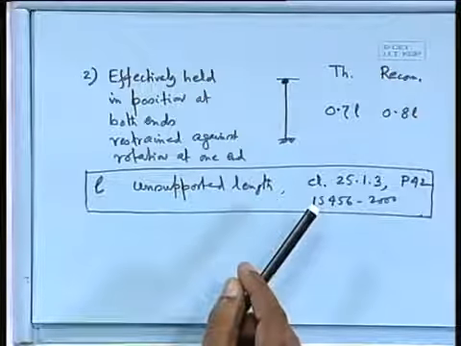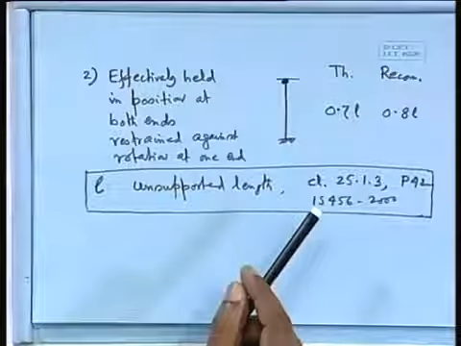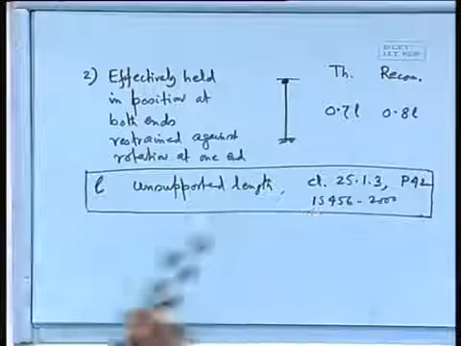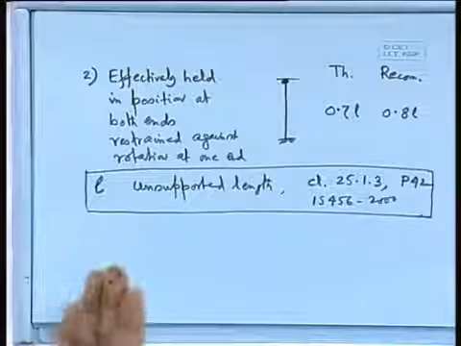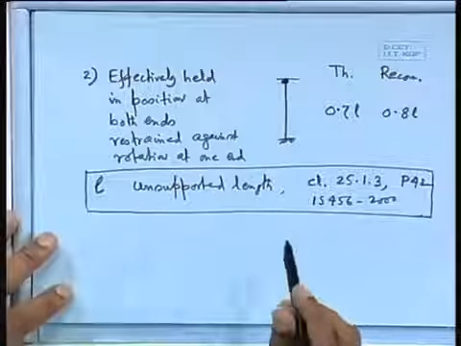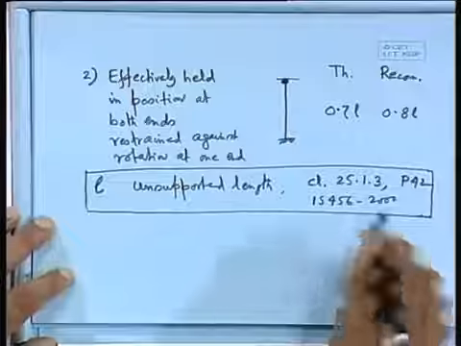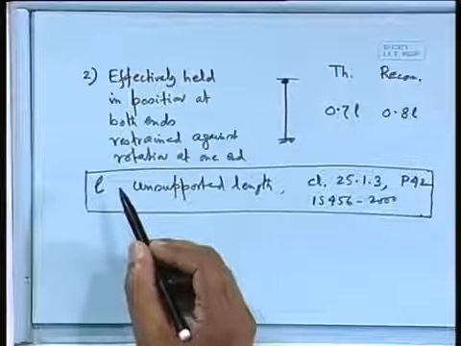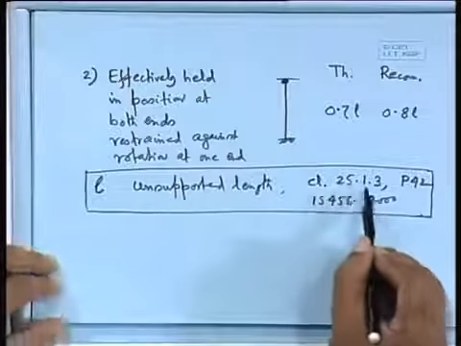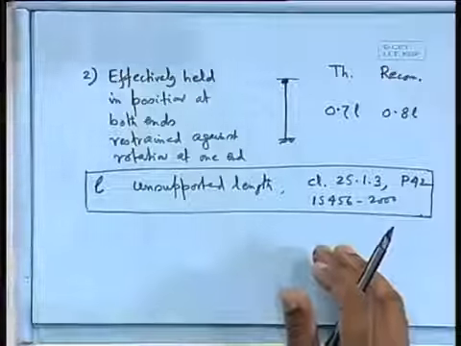The code says you have to take the underside of the shallower beam. It may be that in two directions there are two beams not having the same depth, so you have to take the shallower one, that means the one with less depth. There are so many other cases that you can find in clause 25.1.3.